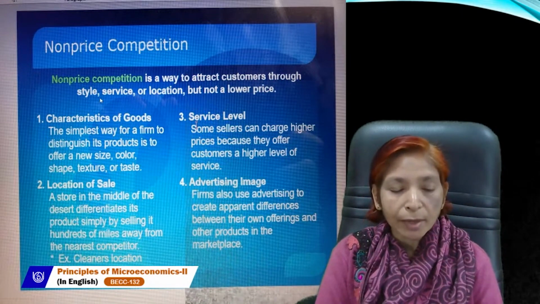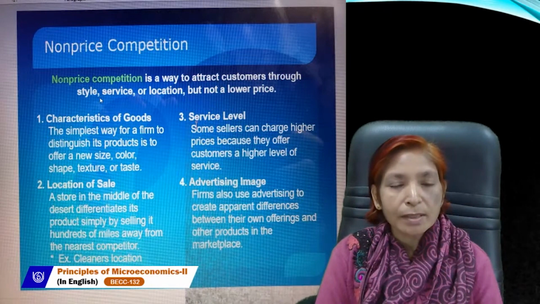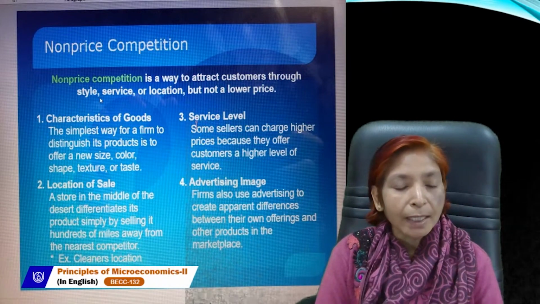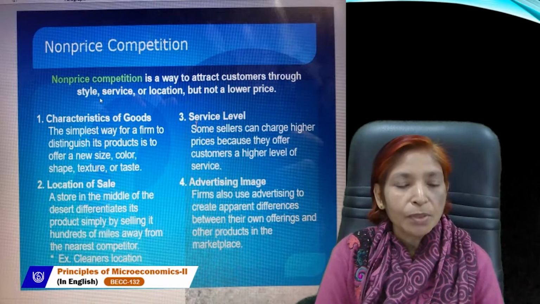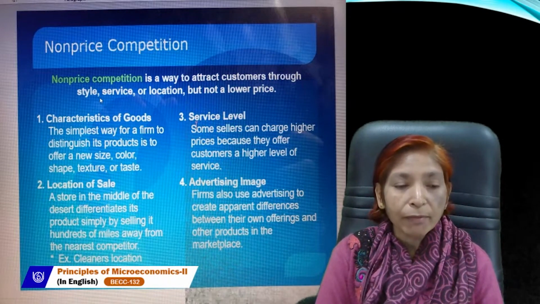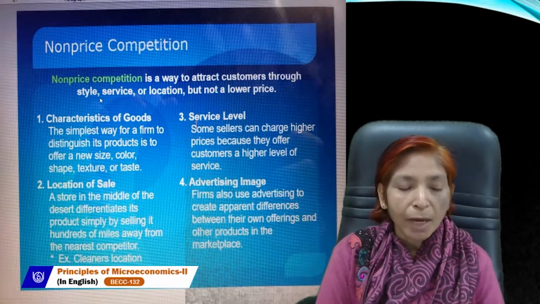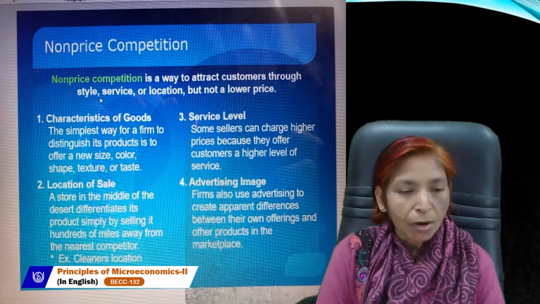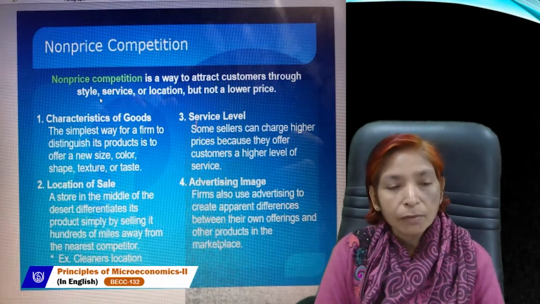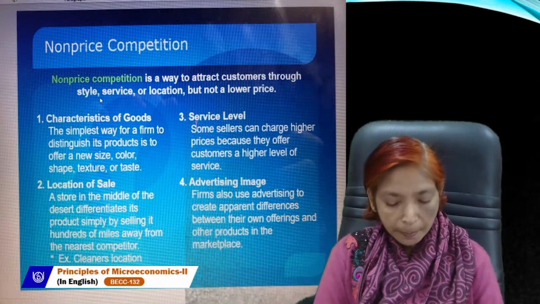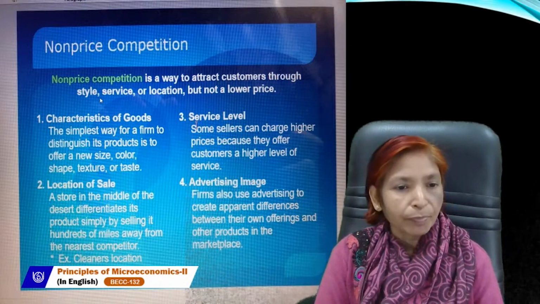How can a firm attract the customer? The firm uses marketing and selling strategy. The firm gives so many benefits to the consumer, like buy one get one free, or gives some gifts like a mug with Horlicks.